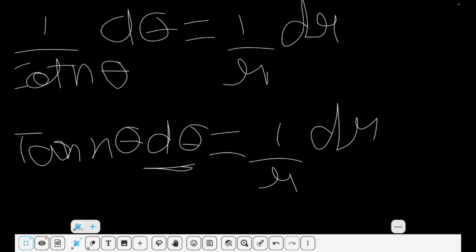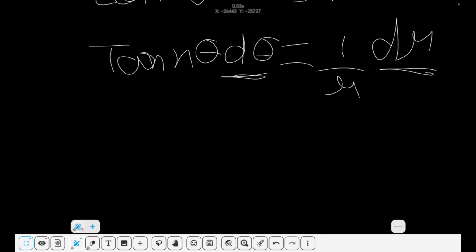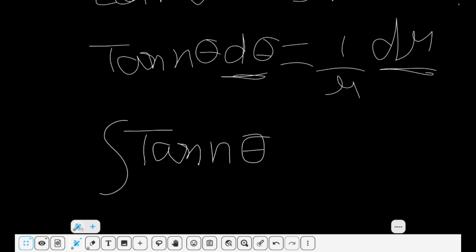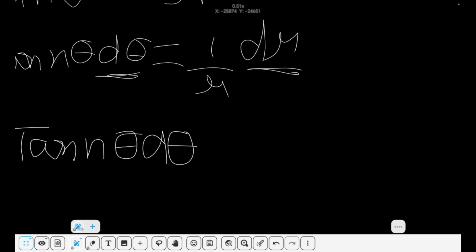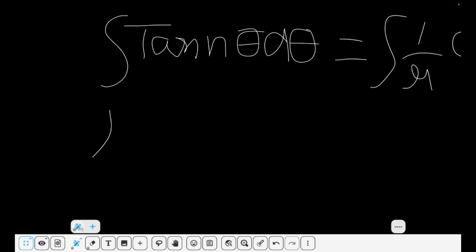Now I need to remove d theta and dr, hence I integrate on both sides, integrating tan n theta with respect to d theta and integrating 1 by r with respect to dr. Integration of tan is log of secant, right?